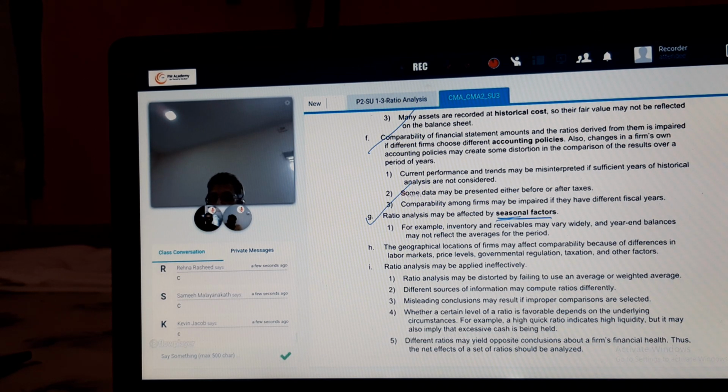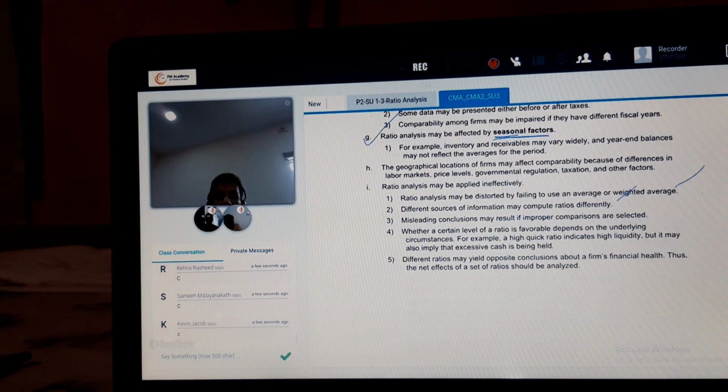So now we have 2-3 minutes. Ratio analysis may be applied ineffectively; ratio analysis may be distorted by failing to use an average, or a weighted average. Different sources may compute ratios using different formulas. Then different ratios may yield opposite conclusions, so you need the net impact.